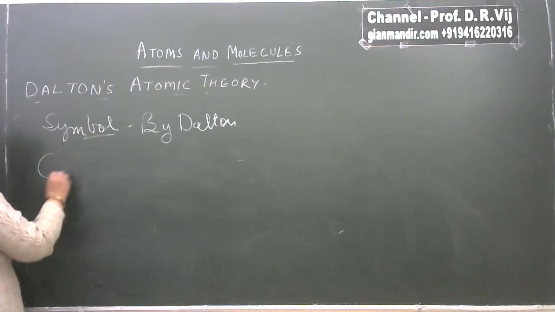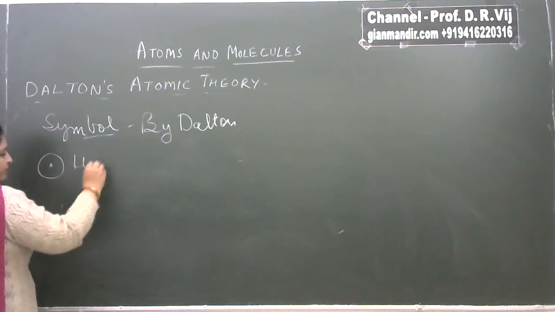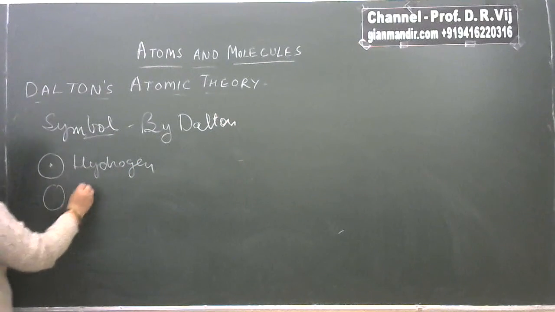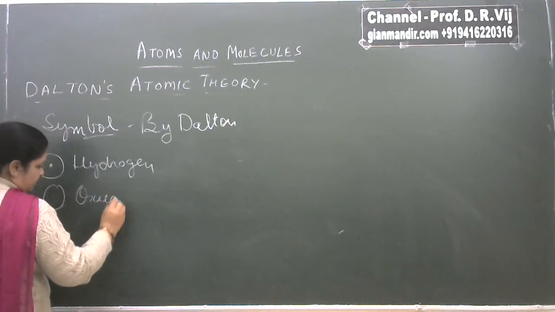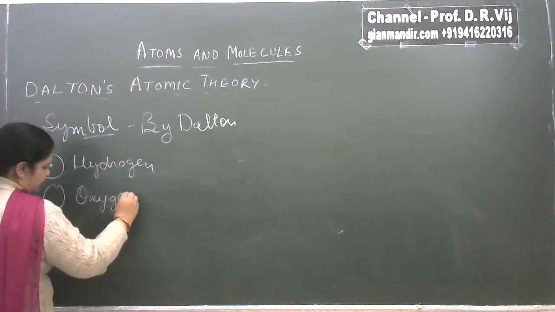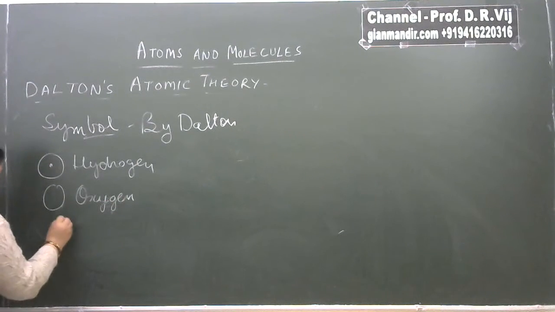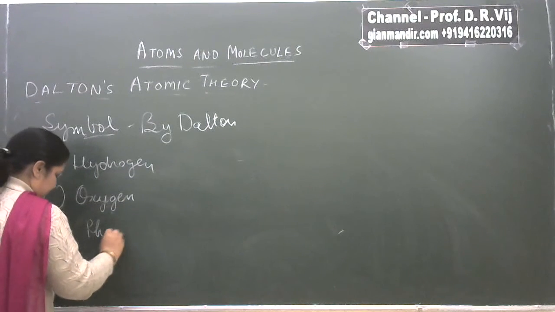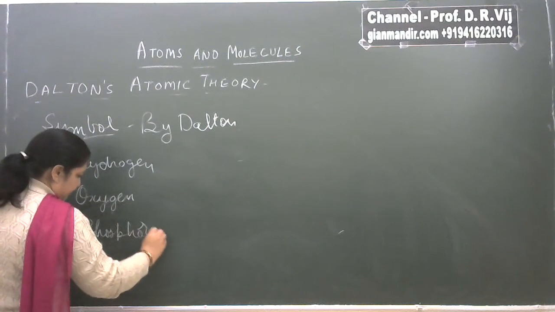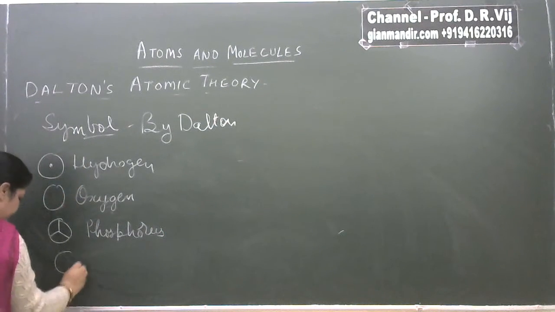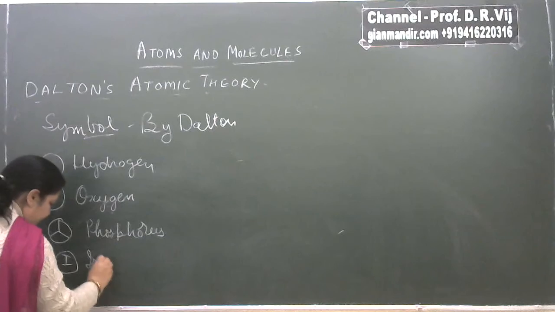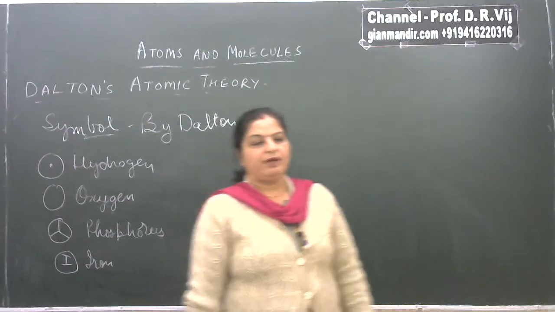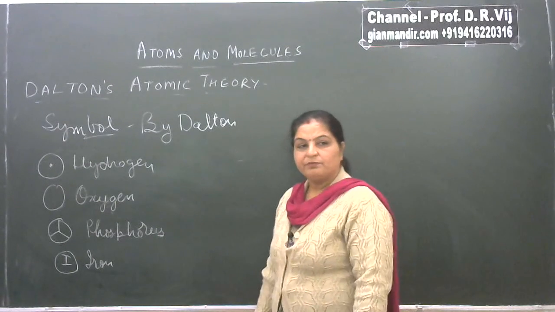For example, according to Dalton, this is the symbol of element hydrogen, this is oxygen, this is the symbol of phosphorus, and that is the symbol of iron. So here are a few examples giving you an idea about the symbols as given by Dalton.